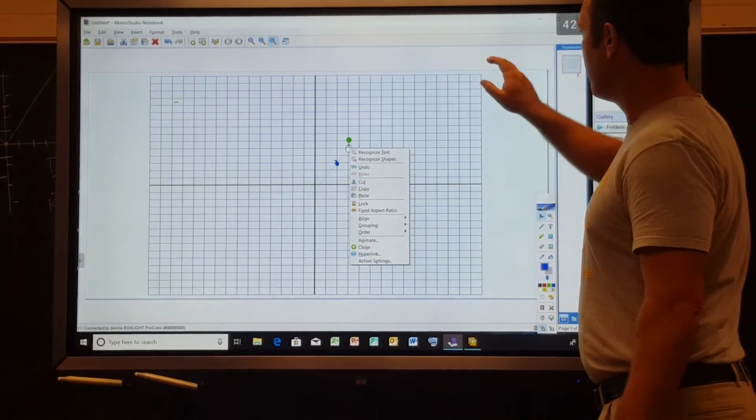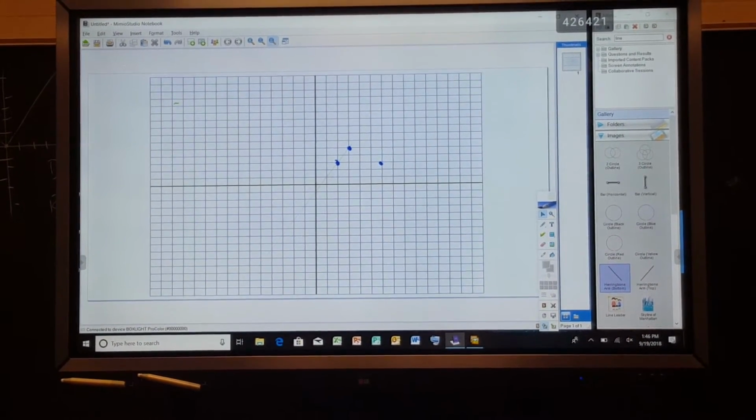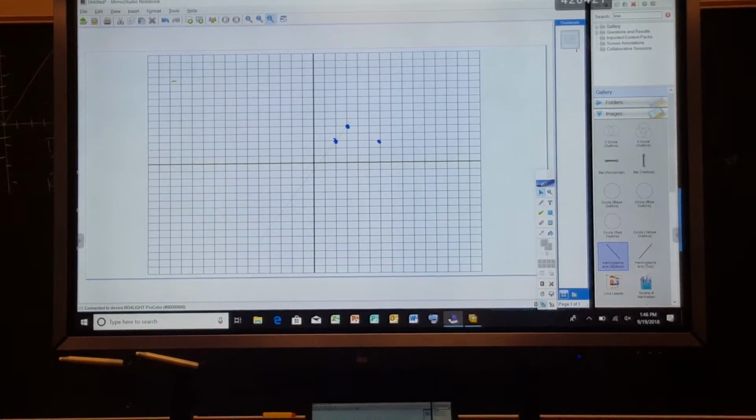Okay. No, that's good. I don't know. The thickness I changed. I gotta mess around with it, see what the difference is.